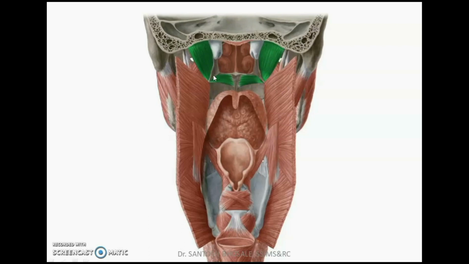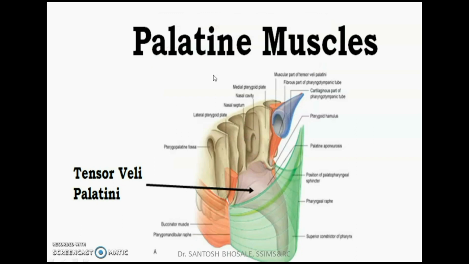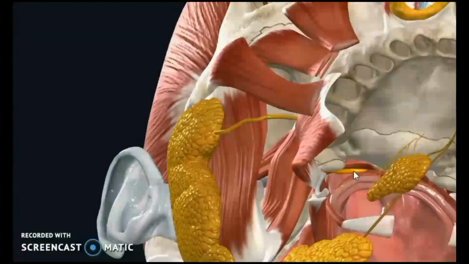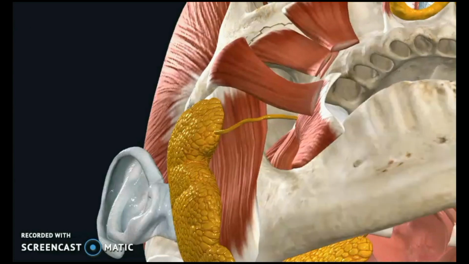It tenses the palate, it stretches the palate and also helps in closing the pharyngeal isthmus and separating the oropharynx from nasopharynx during deglutition. You can see from the lateral lamina, it hooks around the pterygoid hamulus and how it forms the fibrous framework.